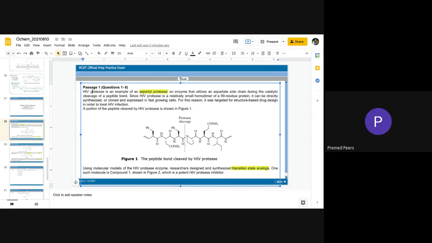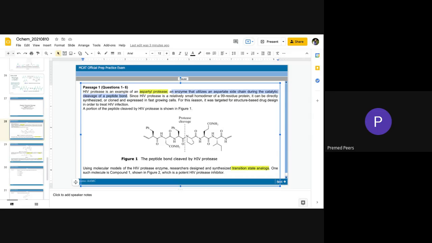I'm saying usually, which means there are exceptions, but on the MCAT they will usually not ask you about anything besides water. So it's talking about HIV protease being an aspartyl protease, and then it explains what this aspartyl protease does.